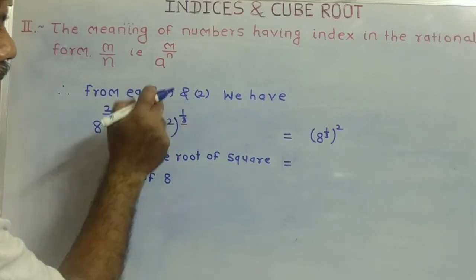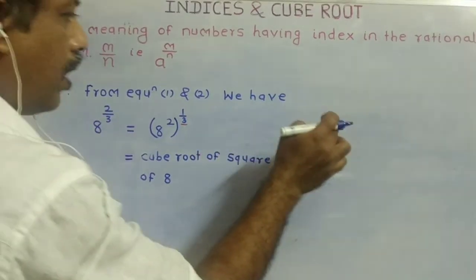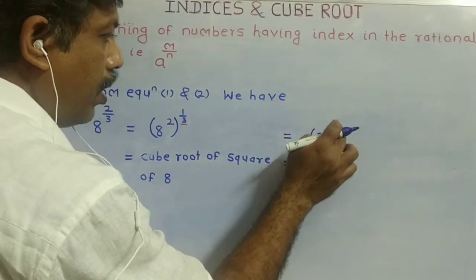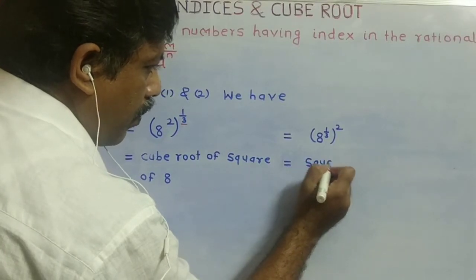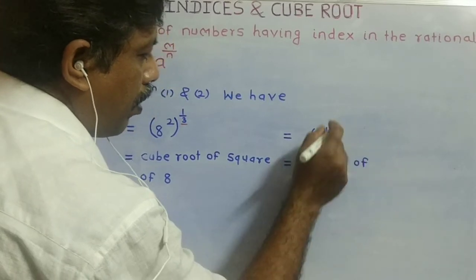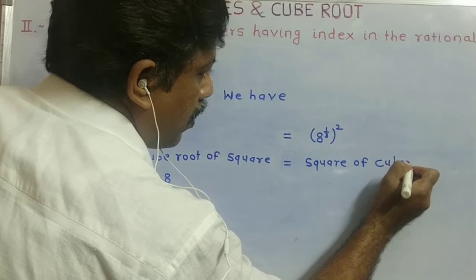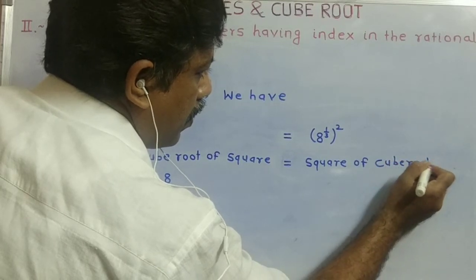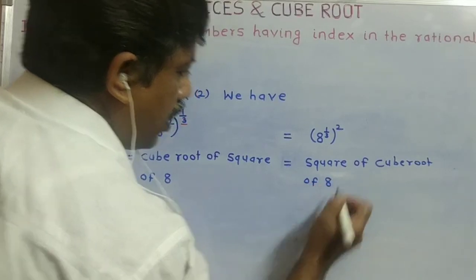That is cube root of square of which number? 8. In the similar way, again start from here. 2 means square. Again you write down 1 upon 3 means which root? Cube root. Cube root of which number? That is 8.